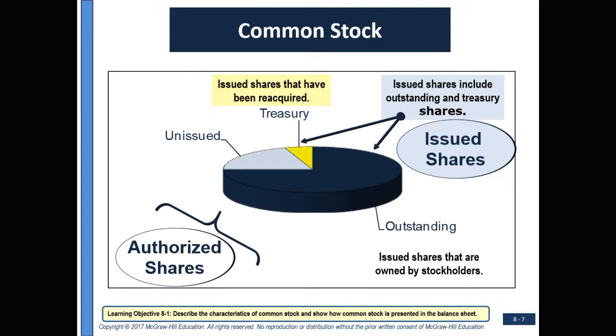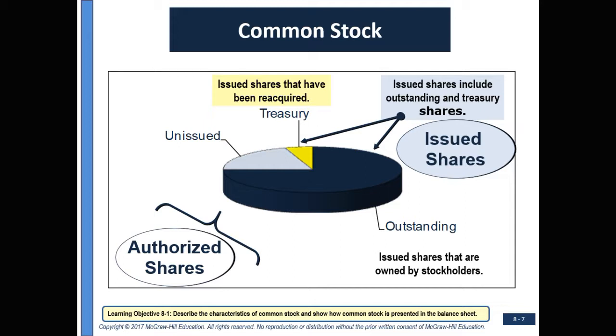They've gone out to the stockholders, but they've now been repurchased and are in control by the business currently. And then some that have never been issued. These are unissued. So in the entire pie of authorized shares, we'll have, to begin with, what is unissued and what is issued.